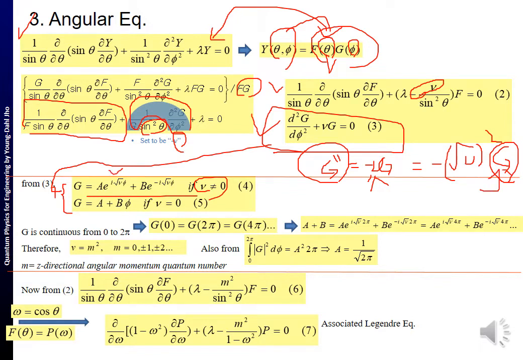So this is the most general solution when mu is not zero.